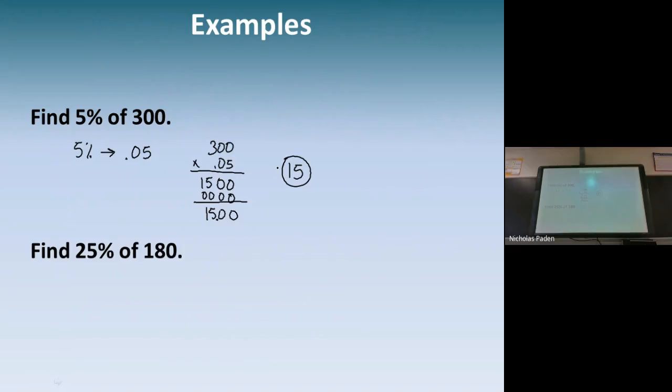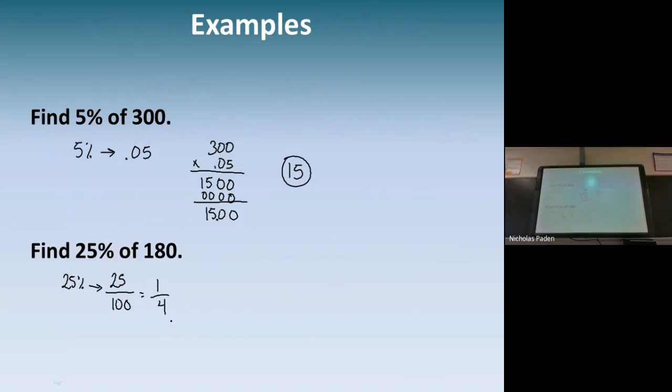Okay, for our second one, 25% of 180, I will use a fraction for this just so you can see the two different methods. So 25%, if I want to write that as a fraction, it would be 25 over 100 because every percent is out of 100. So 25 over 100, I would simplify that and make that 1/4.